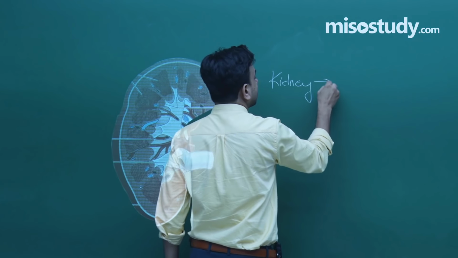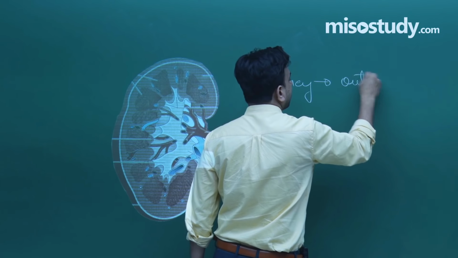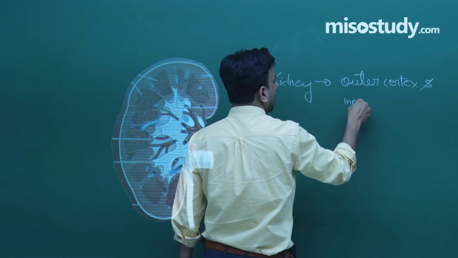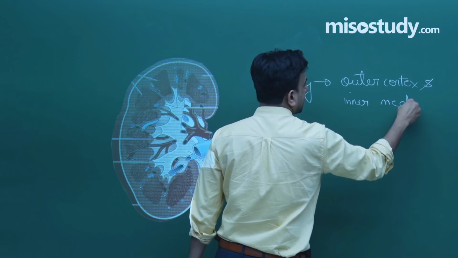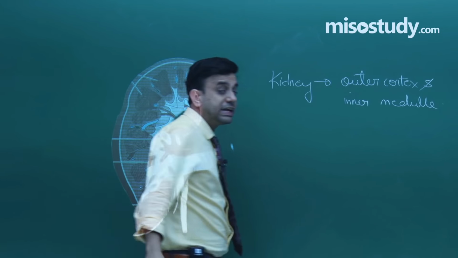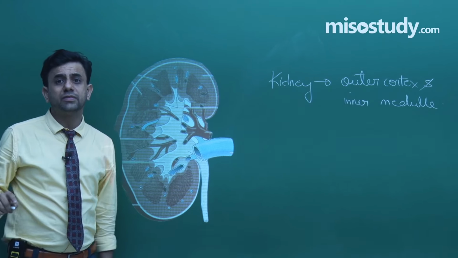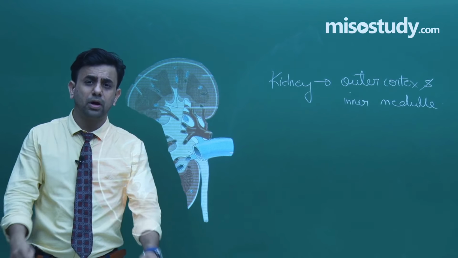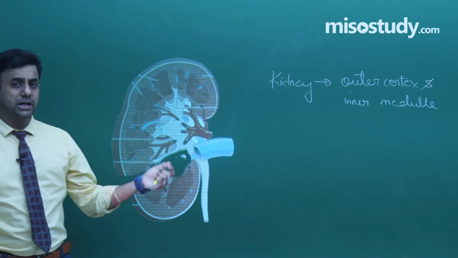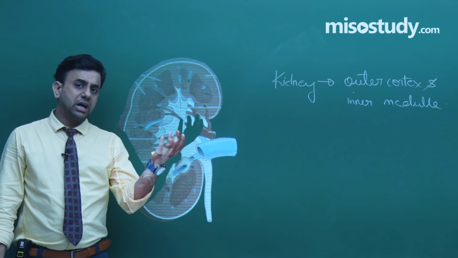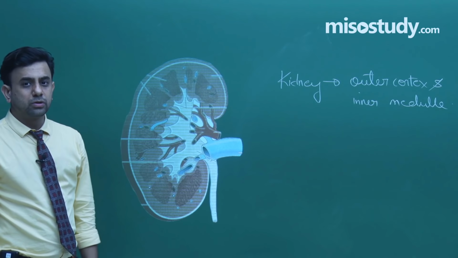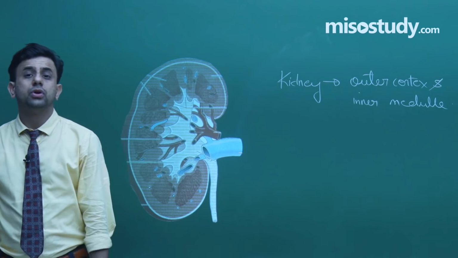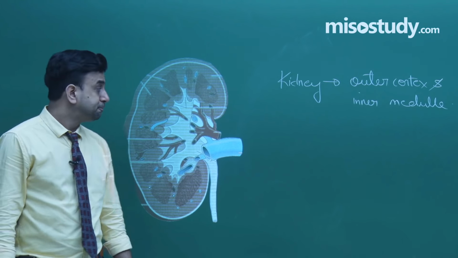Kidney has an outer cortex and inner medulla. You need to enjoy your subject at the time of studying. That will help you retain things for a longer time. Do not take it very seriously. Keep on enjoying. These are your organs, your body parts. Study this with enthusiasm and you will remember it all throughout your life. It doesn't mean you need this only for your entrance. You should know about these things, right?